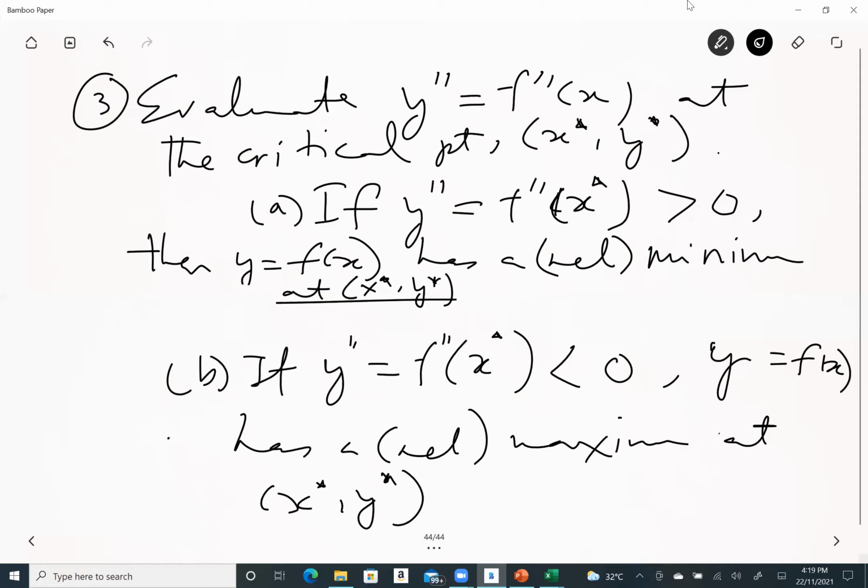So positive, minimum; negative, maximum, at the critical point.